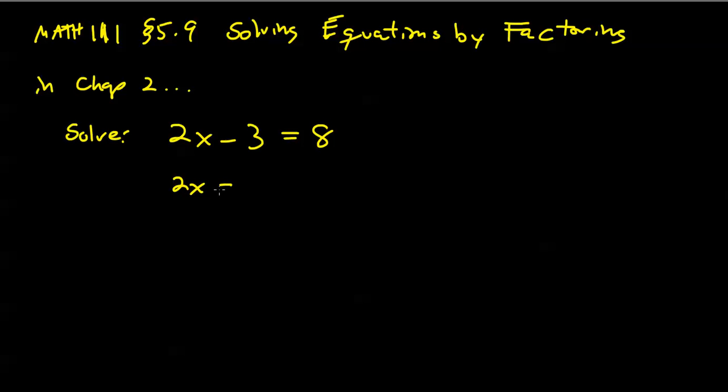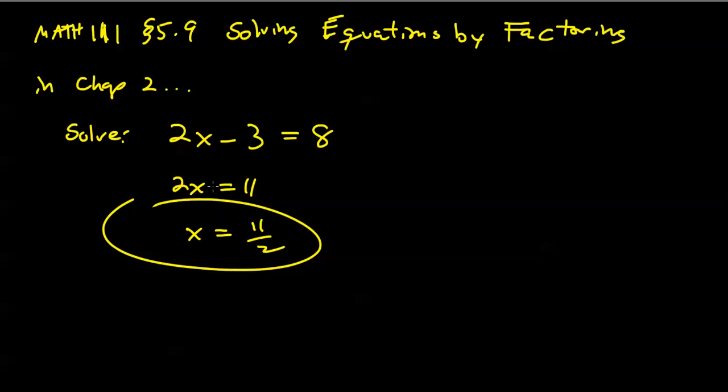Well, we add and subtract and multiply and divide, in other words, to isolate x on one side of the equation. Alright, so solving degree 1 equations is no sweat. So let me write that down. We solved degree 1 equations.